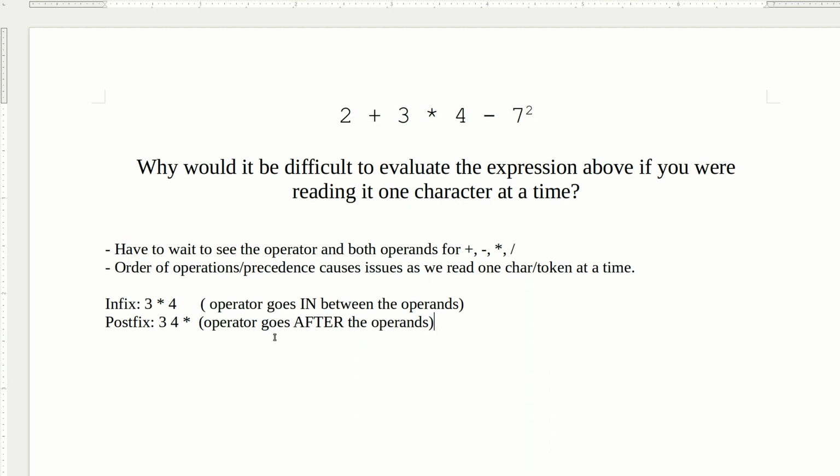And what you may see as you work through some concepts around this is that when we have an ordering where the operator goes after the operands, we store up some data and then we learn what to do with it. And if we continue in that same sort of scheme, then that will make the computer's job much easier. Store a small amount of data, learn what to do with it, do that operation, and continue.